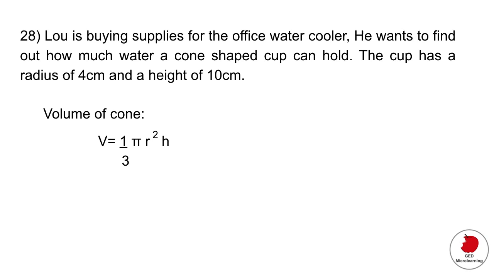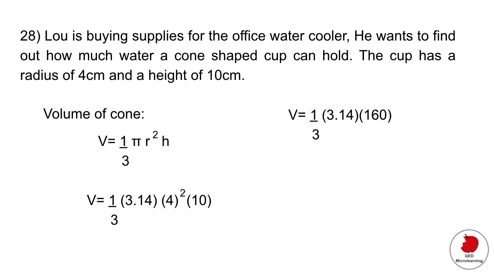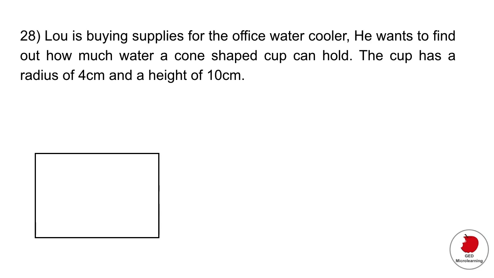Pi, the symbol that looks like a table, is 3.2. The radius, they've told us in the question, is 4, and the height is 10. You would plug those numbers in like this, work your problem out, and that gives you this volume. That's the volume of the cup, which you would enter in the white box.